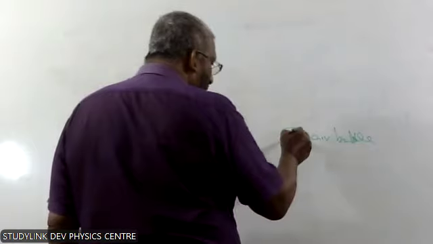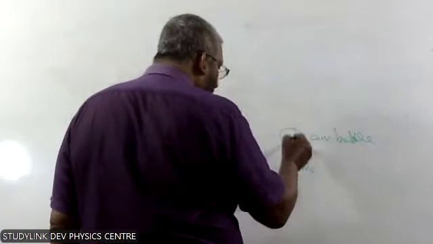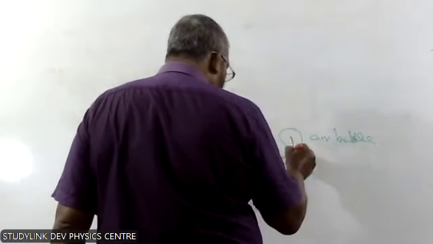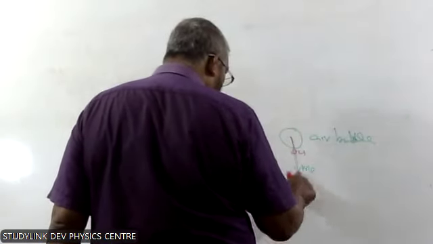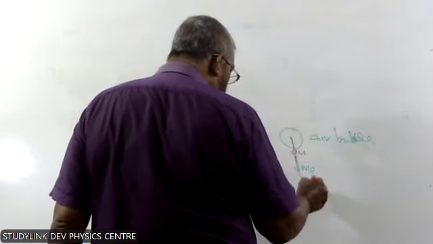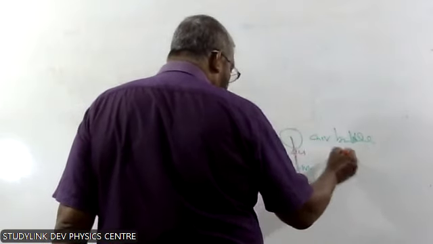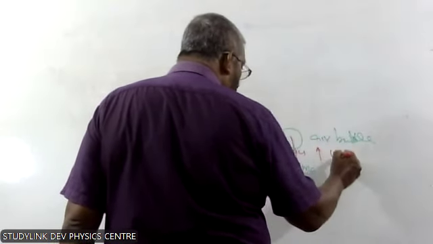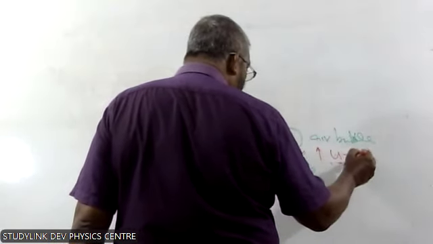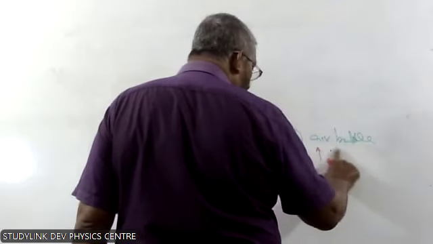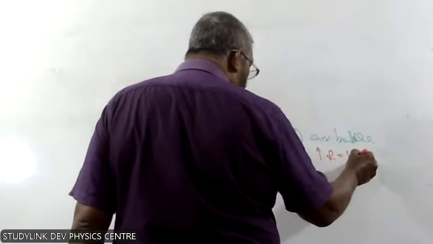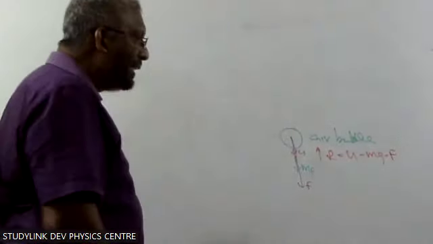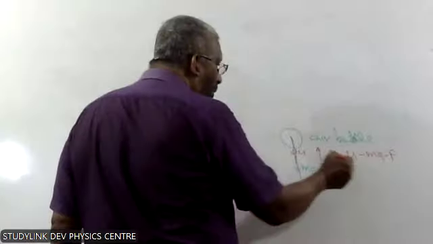Normally, mg is downwards, upthrust is upwards, and viscous force is downwards. As I explained earlier, the resultant force R is equal to U minus mg minus F. But in some questions they say ignore the mass.